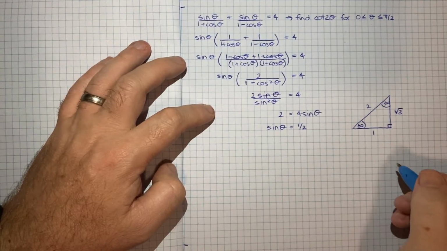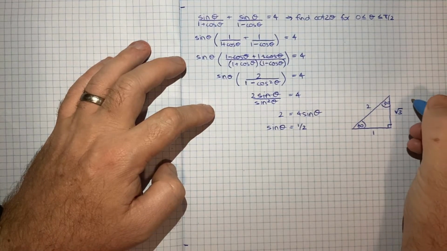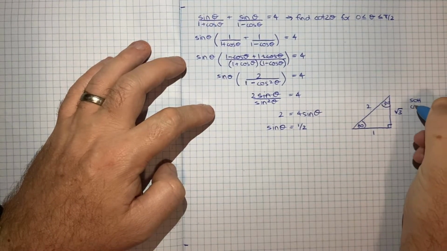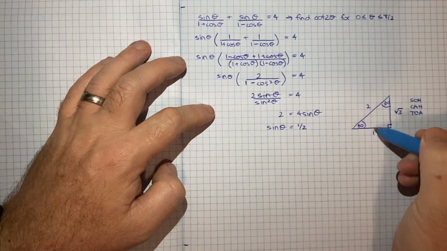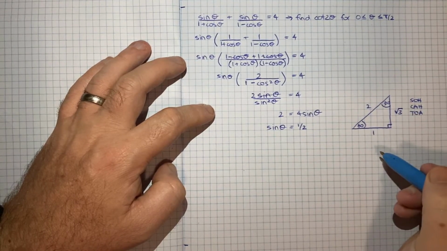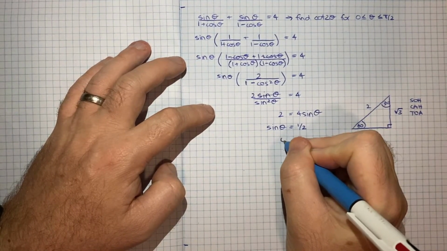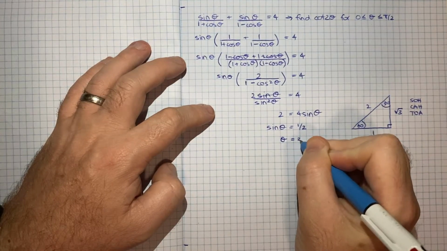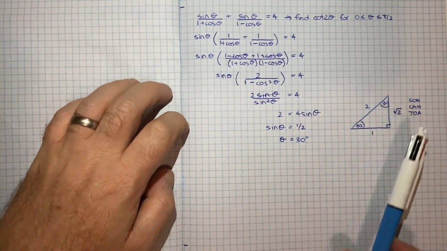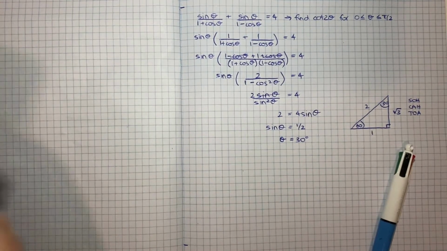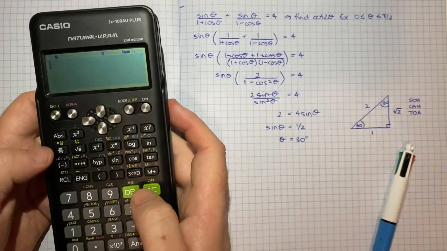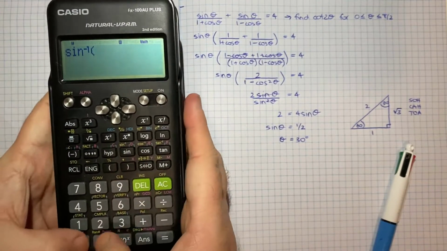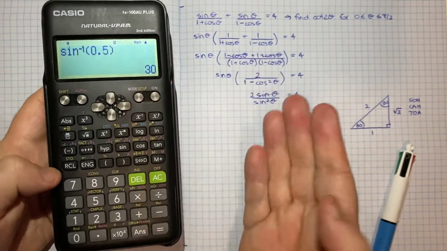And from there we can see, if we remember our SOHCAHTOA, for sine, opposite on hypotenuse, if we pick this 30, we get opposite on hypotenuse would be a half. So we can conclude from there that theta would be 30 degrees. And you could also just get your calculator out if you're a bit worried that you didn't remember this triangle right, and you could do the inverse sine of a half is 30 degrees.